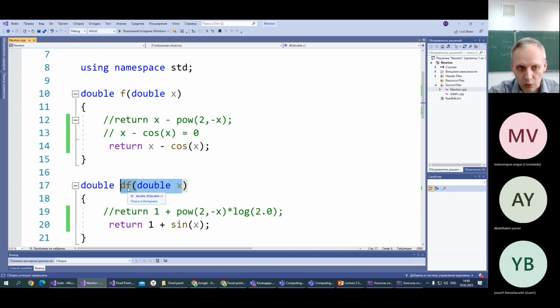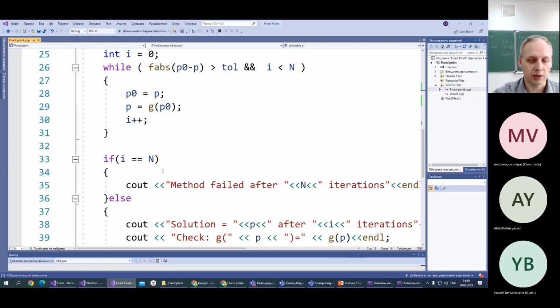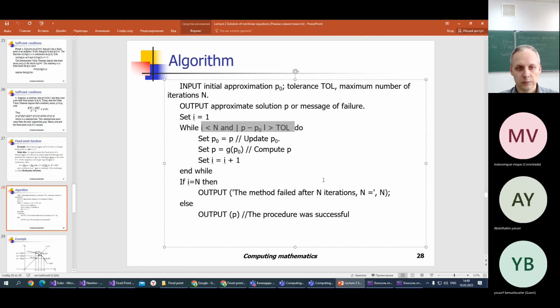If we don't know the derivative, we cannot apply this powerful method. So again, this is an implementation of the fixed point iteration method. This implementation corresponds to this pseudocode.